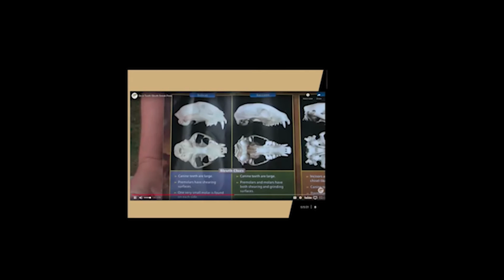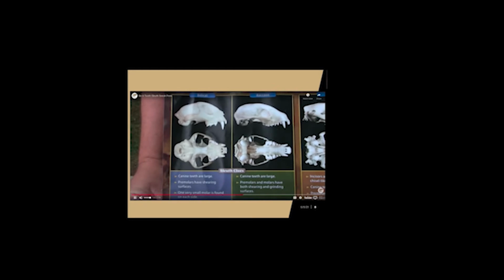So along the bottom of the poster we have examples of all three different types: carnivores, omnivores, and herbivores.